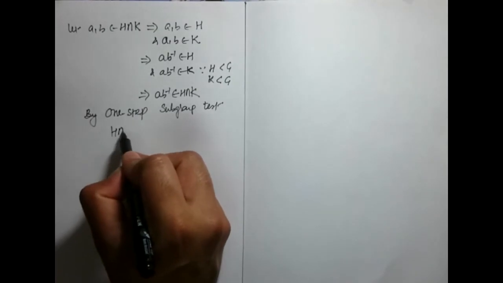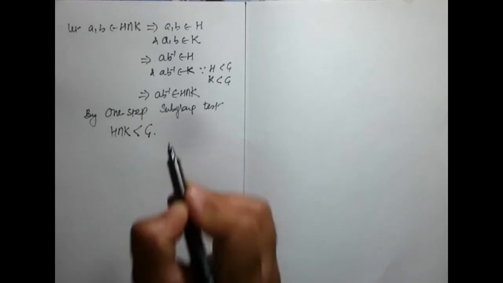We can say H intersection K is a subgroup of G.